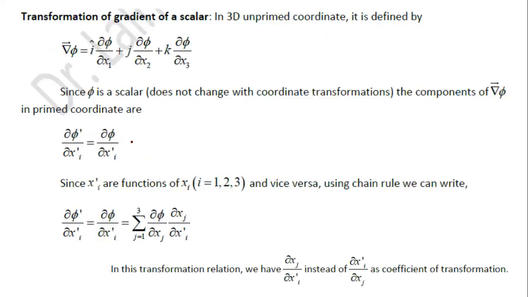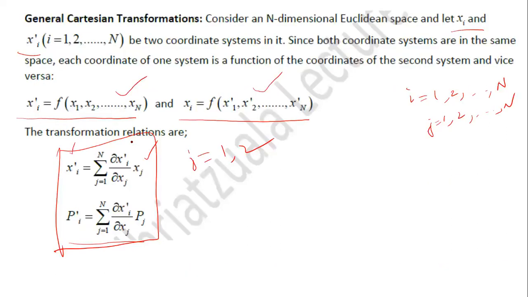Now, in each of these transformation relations we discussed so far, the transformation coefficient is a partial derivative. The primed coordinate variable xi prime is in the numerator of this partial derivative, and xj is in the denominator. So del xi prime upon del xj is the transformation coefficient.